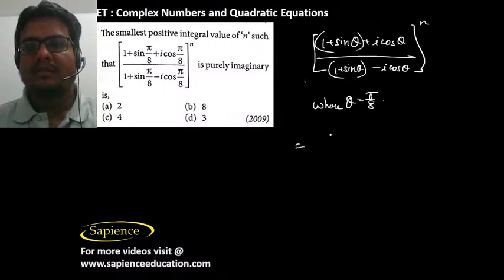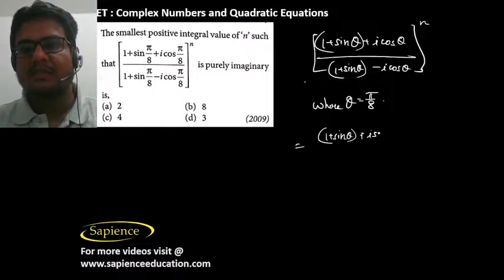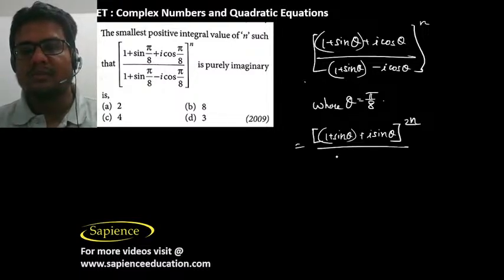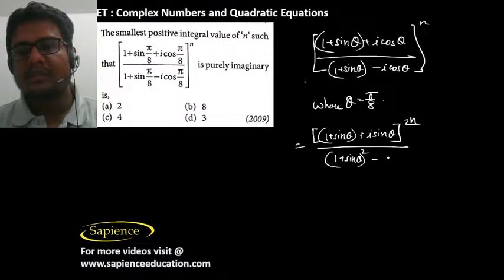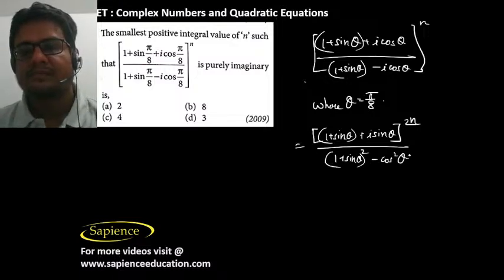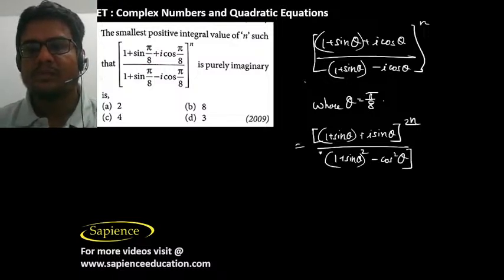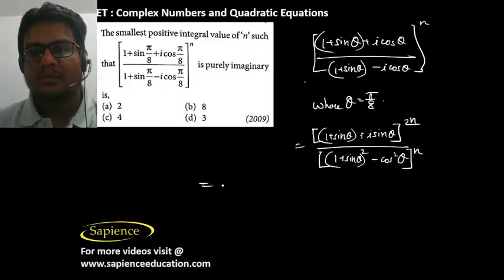So this can be written as (1 plus sine theta plus i cos theta) whole square and whole power 2n, divided by (1 plus sine theta) whole square minus cos square theta, whole power n. Sorry, this is cos theta.